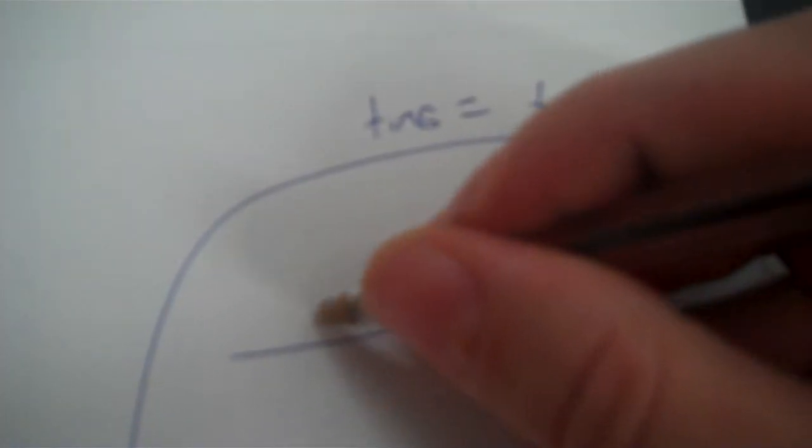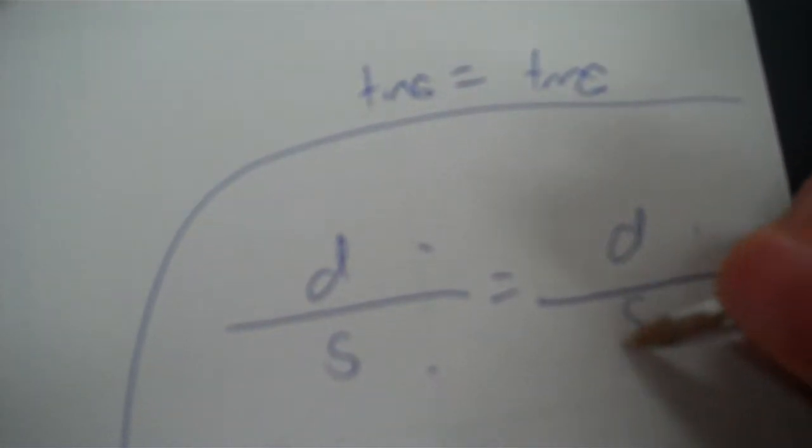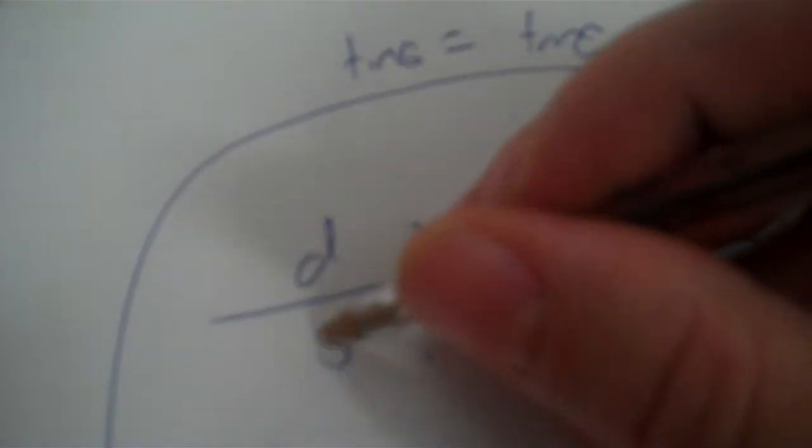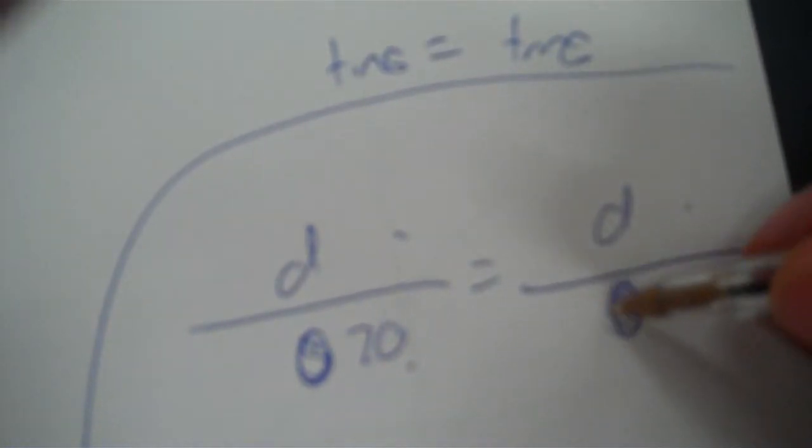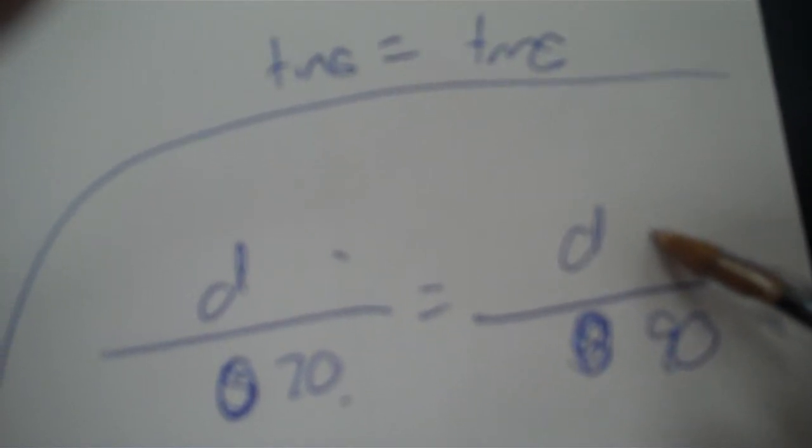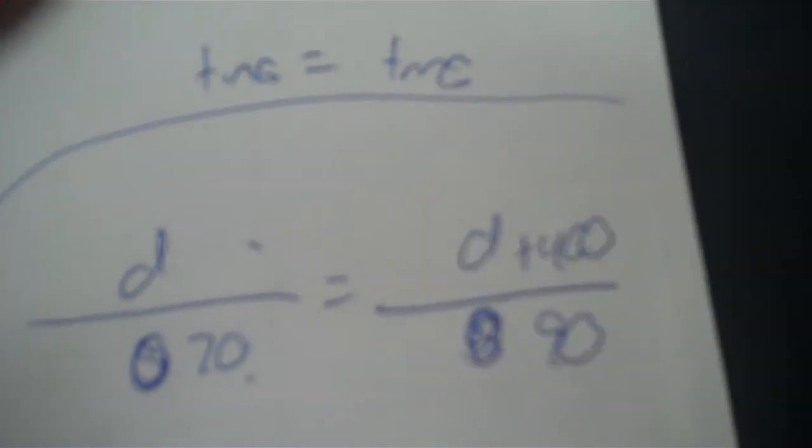What I do use is the fact that they travel for equal amounts of time. So the times are equal, so then the distance divided by speeds have to be equal. And we know our speeds are 70 and 90 respectively. And this guy going 90, I know that he goes 400 further. I don't know his distance, but I know it's adding 400.